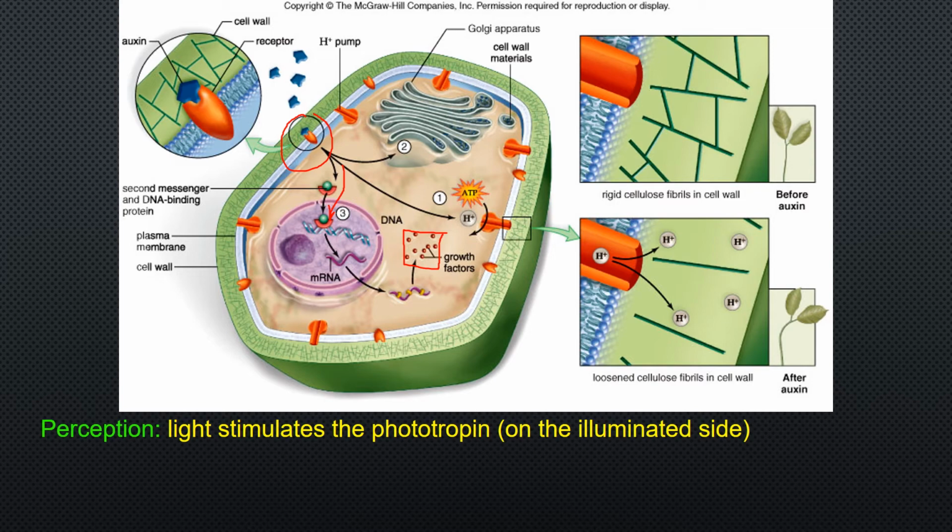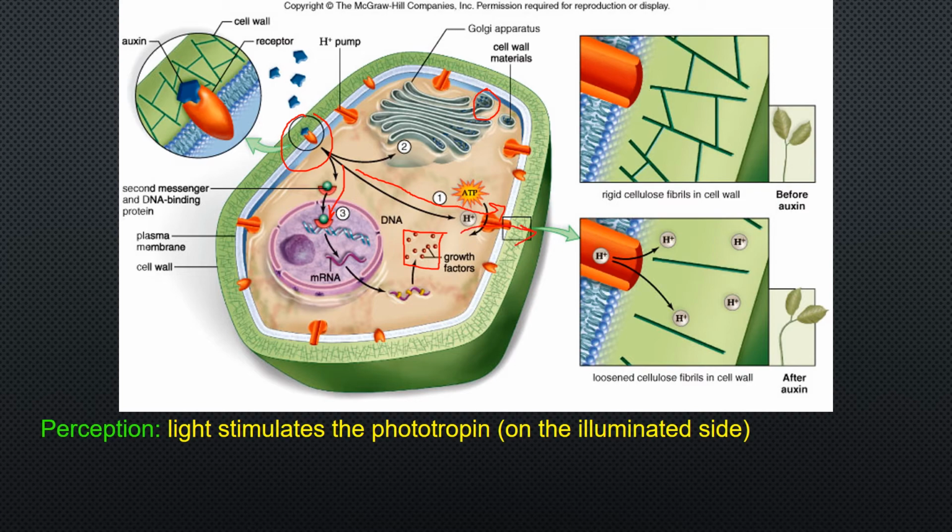We additionally will ask the Golgi apparatus to start making more cell wall material. And the reason for that is we are also going to activate what we call a proton ATPase, or a proton pump. So auxin on this side is going to stimulate these proton pumps to release protons into the extracellular matrix.